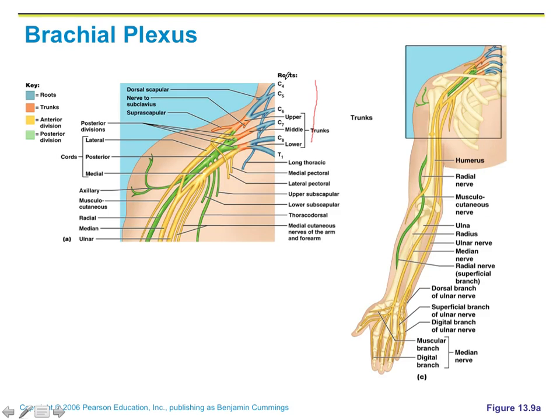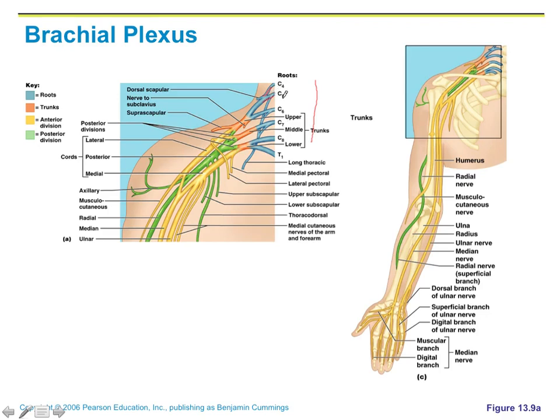We can see these are the spinal nerves. C4 sends one branch to join with the C5. Actually, the brachial plexus is mainly formed from C5 to T1.